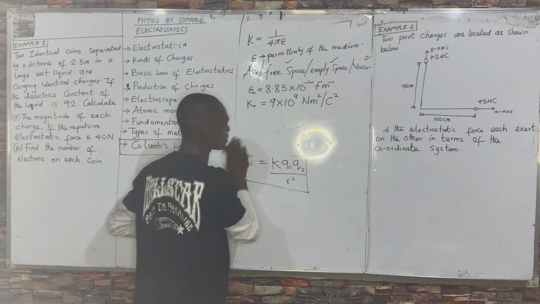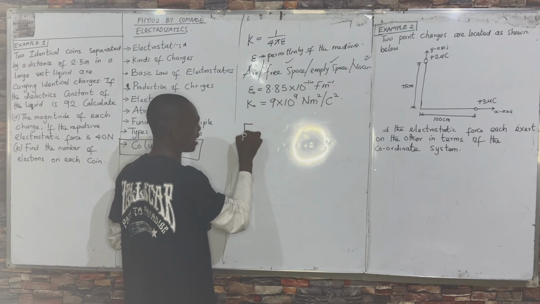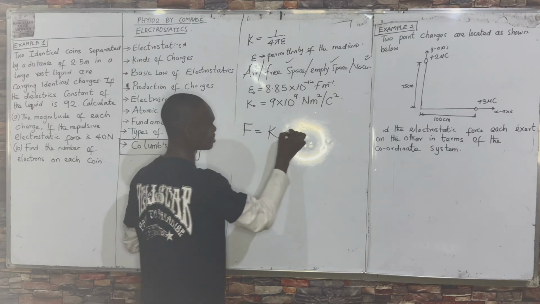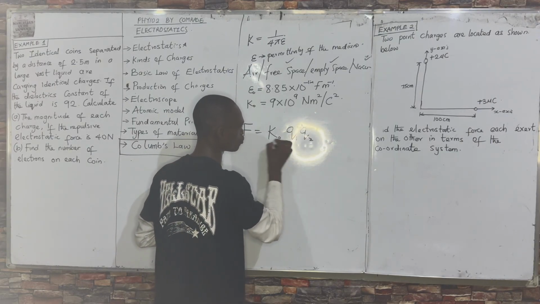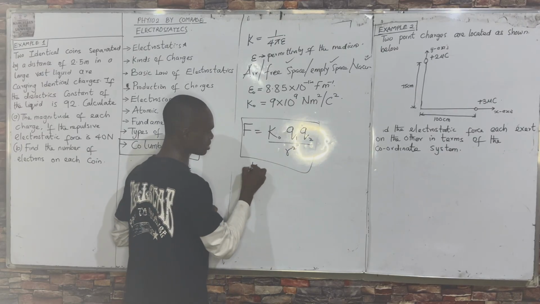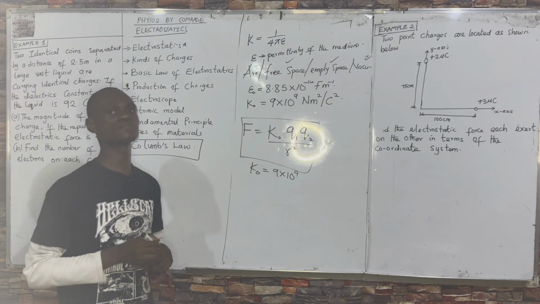It means that if the charges are interacting in air, your formula for Coulomb's law becomes F equals K naught Q1 Q2 over R squared, where this K naught is a constant value of 9 times 10 raised to power 9.